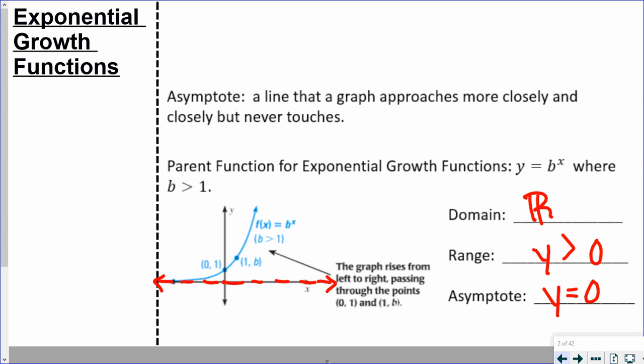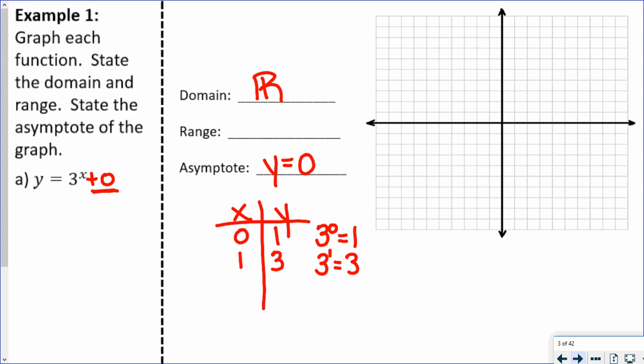Just like the parent function, there was nothing after it, so it's assumed to be plus 0 if there's no k value at the end. Then on your graph, you do have to graph the asymptote, and I want you to use a dashed line for that. Then I'm going to graph (0, 1) and (1, 3).